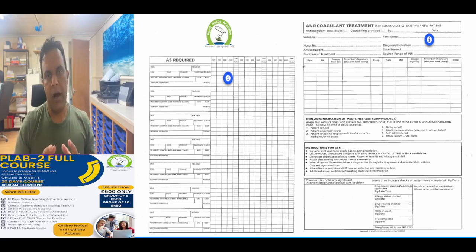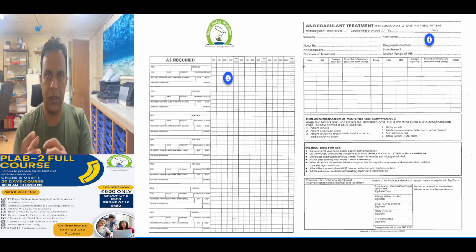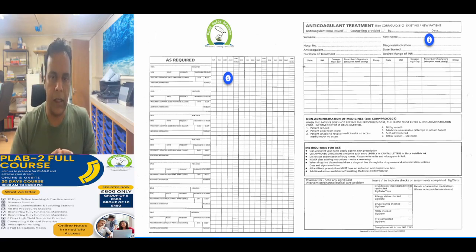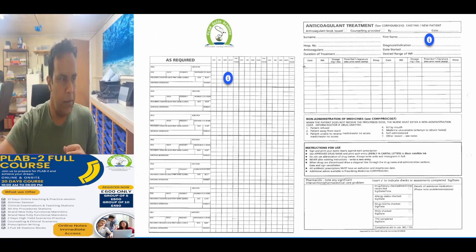To get the maximum marks, you can always write PRN or as required medications. You have the liberty to do it, and that will count towards management. These are the important points that you need to consider in any prescription.